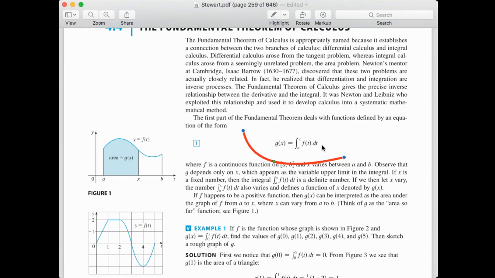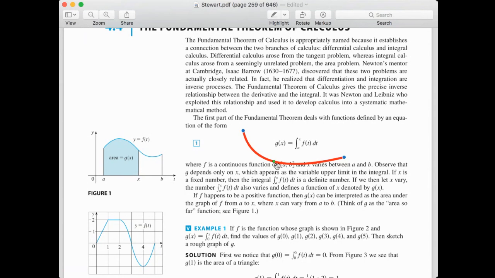Look at this picture. This is the t-axis. So where is x? x is somewhere between a and b. So x is a value somewhere. We don't know what x is.